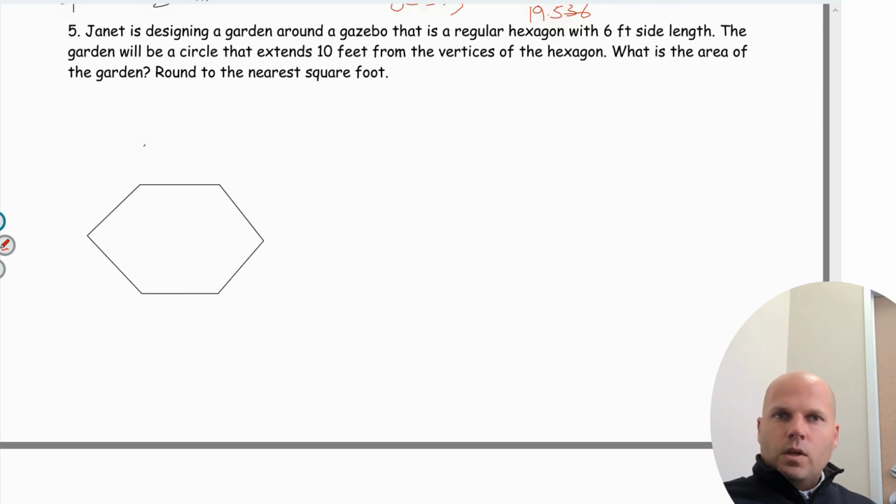All right, there you go. 6 foot side length. The garden will be a circle that extends 10 feet from the vertices of the hexagon.